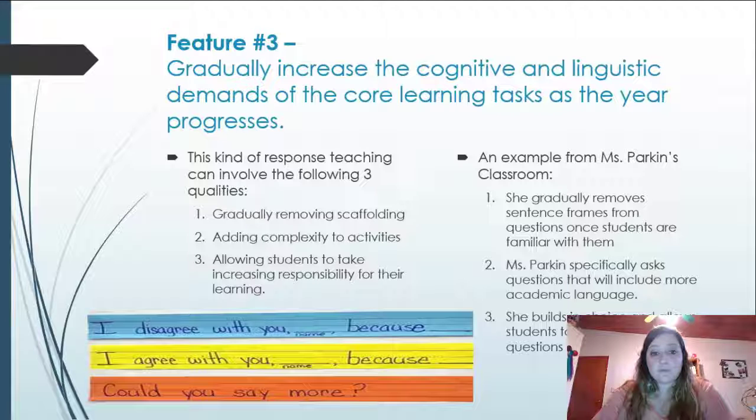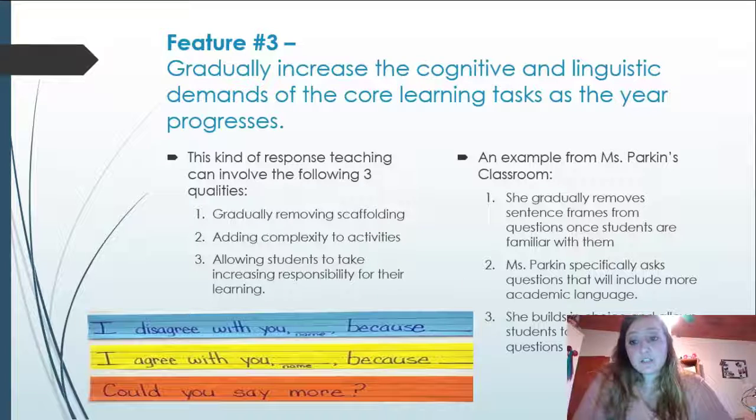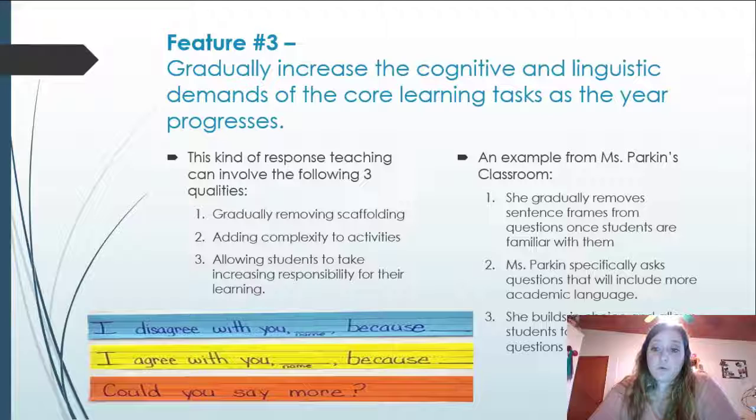And then for adding complexity, she took questions that would include more academic language. So in previous questions, it could be yes or no answers, or the sentence frames "I agree with you because" and "I disagree with you because," and then she takes those away and gives them questions that require more academic language.